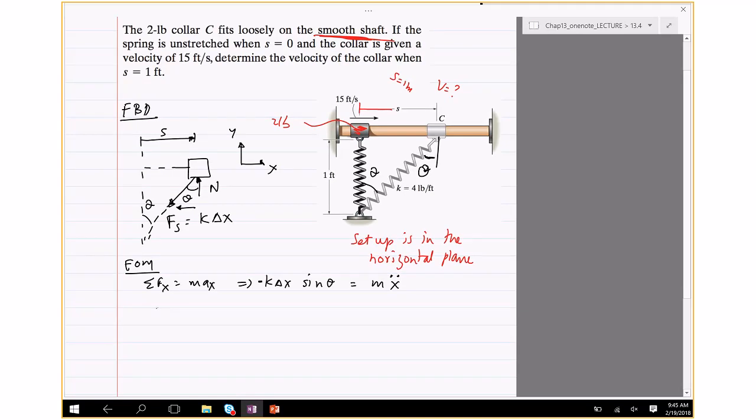Okay, so I need to find delta x. Delta x is the stretch in the spring: the current length minus the original length. The current length is the length of the spring when it's at position s.